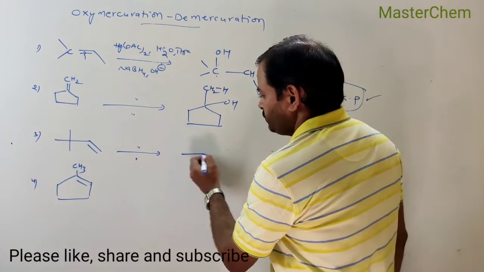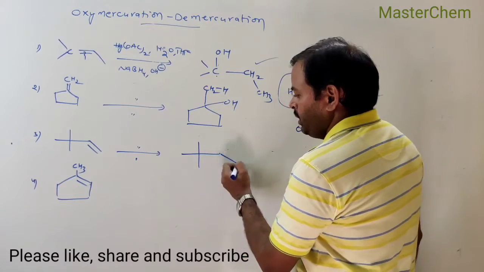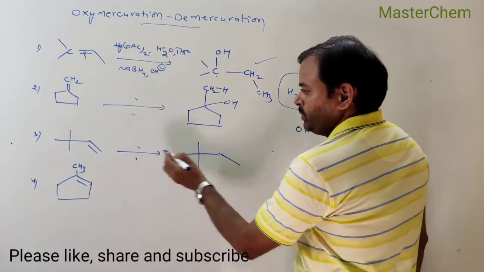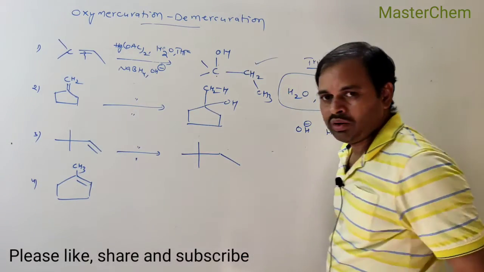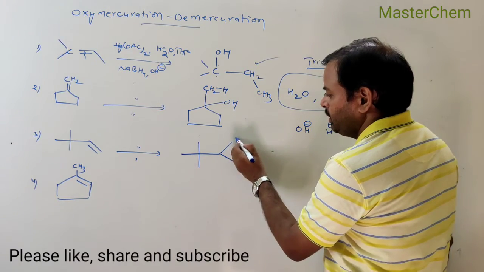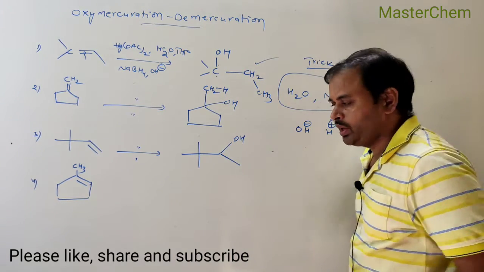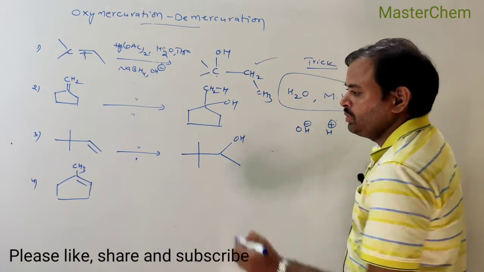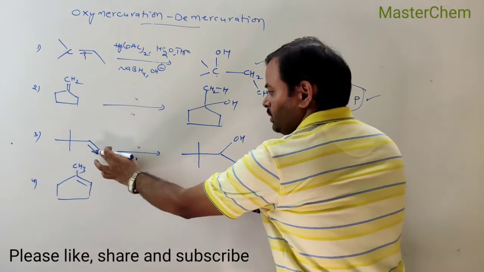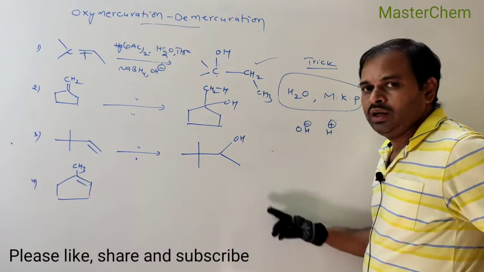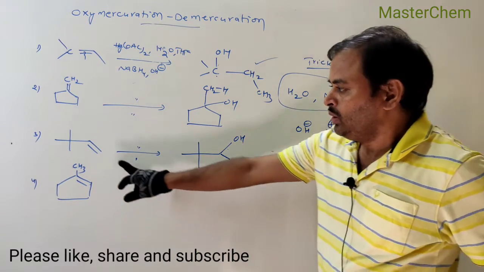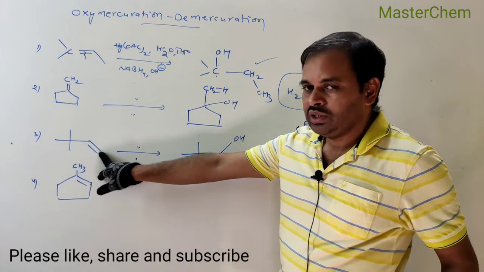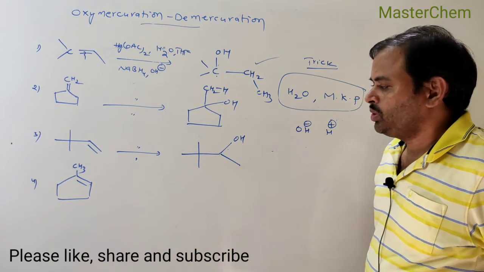And now this one, attach at this carbon atom, so it is having less number of hydrogens. That's why at this carbon atom attach OH, and here this one becomes CH2. Actually this becomes CH3, okay, CH3, because hydrogen is attaching here. So this is the product.